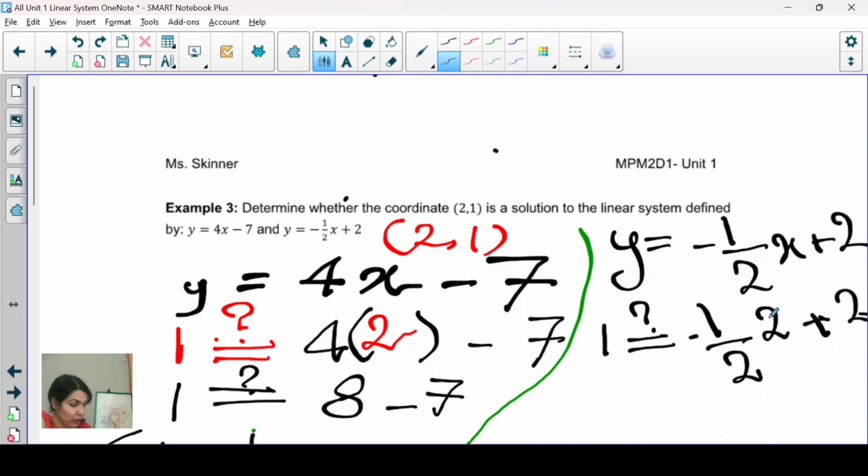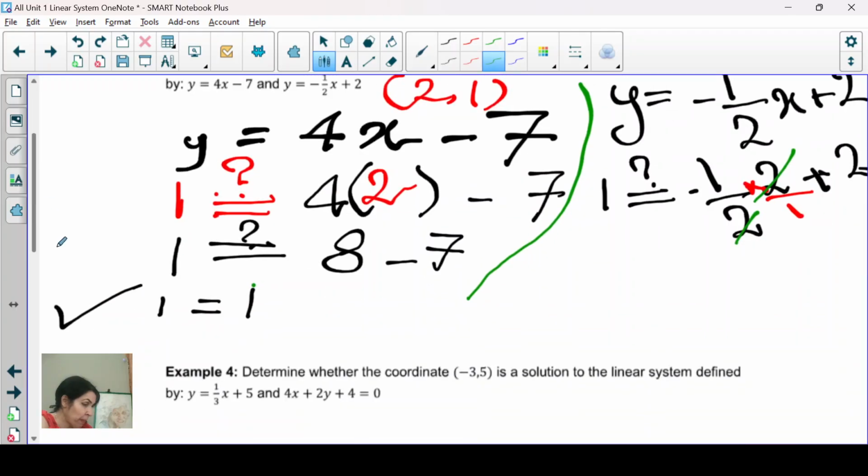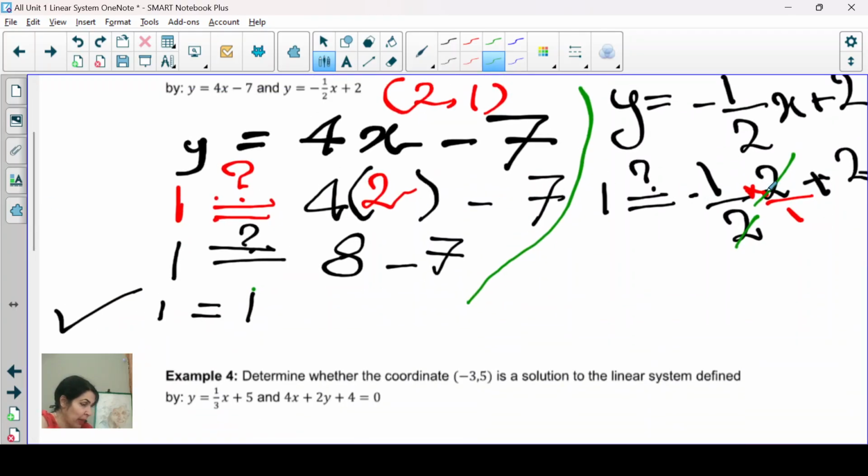We have 2 in the numerator and 2 in the denominator; the 2s cancel out each other. And then we have negative 1 over 1, which is negative 1.